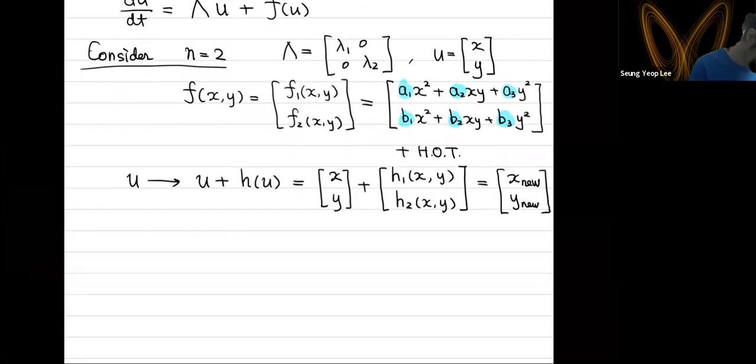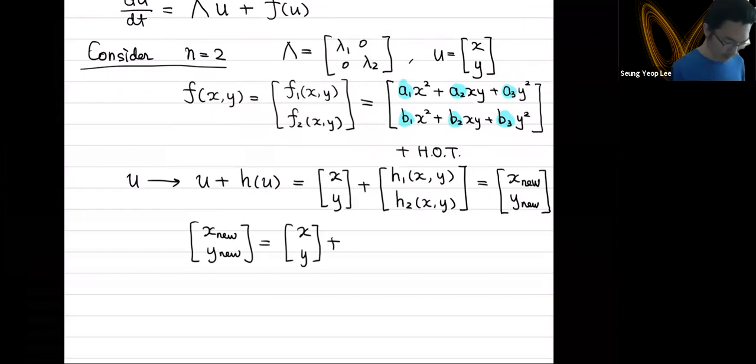So let's rewrite it. So x mu, y mu is given by x and y plus... okay, how can I write?